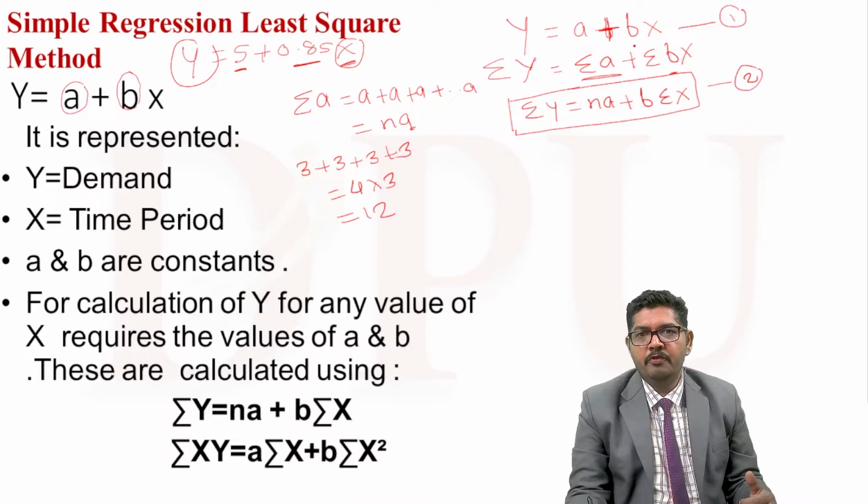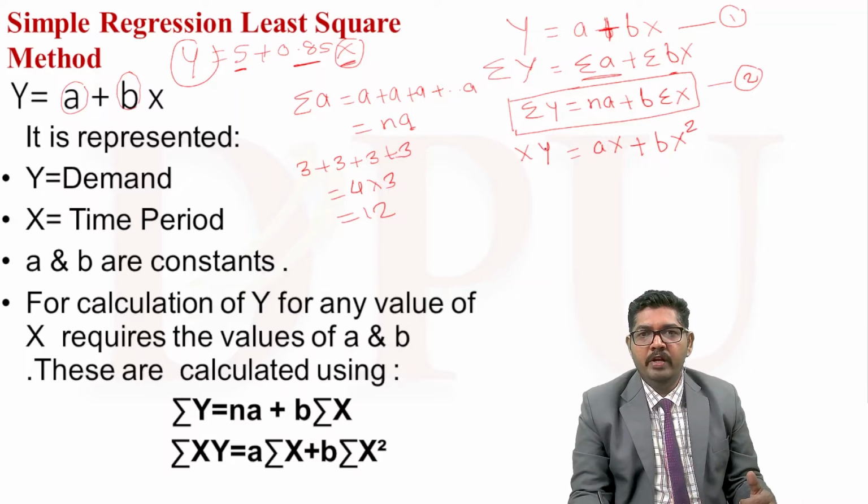Right, now we are going to multiply equation 1 by x. So on the left hand side we will be having xy. Right, so we are multiplying the left hand side of this particular equation 1 by x. On the right hand side we will be having ax, a multiplied by x, plus b multiplied by x multiplied by x, that is bx square.